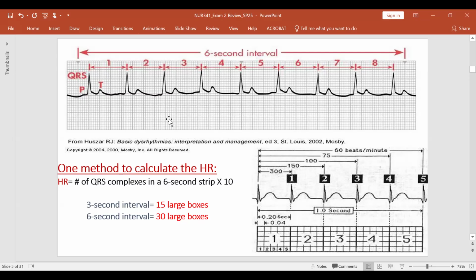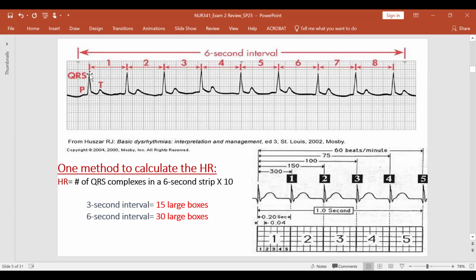Now, another method is the 300 method, where you count the large boxes. Let's take any R wave to R wave, on the assumption that the EKG strip or the rhythm is regular. When the rhythm is regular, we count the large boxes from R wave to R wave.